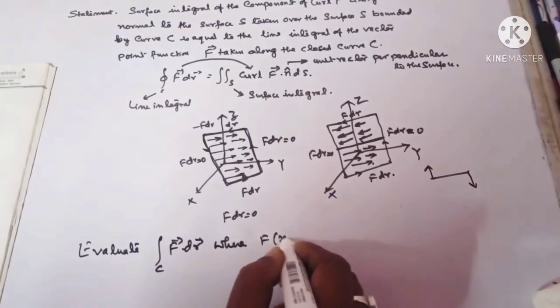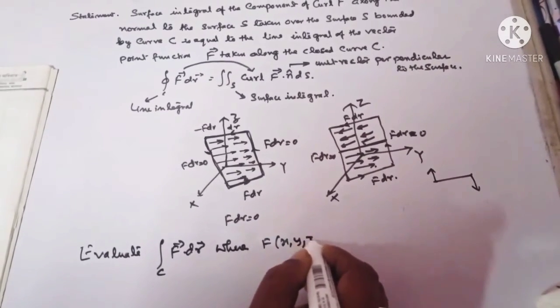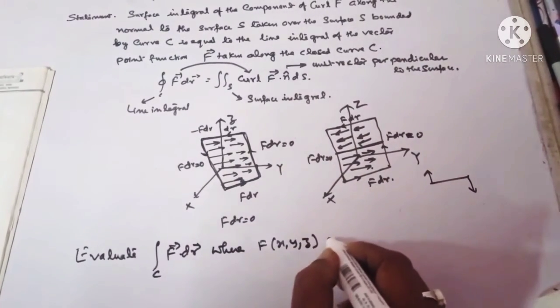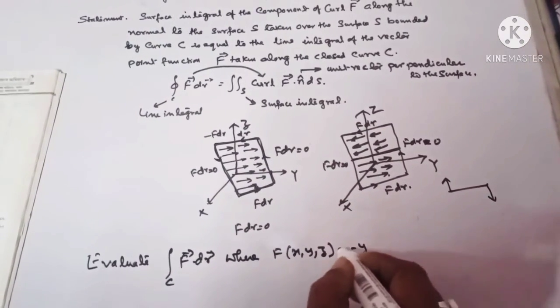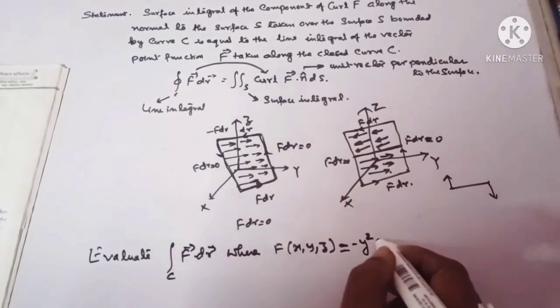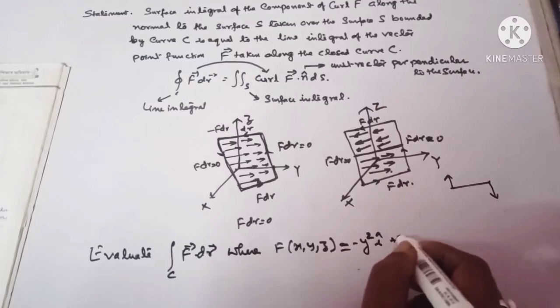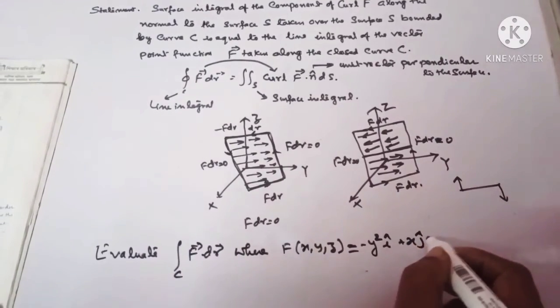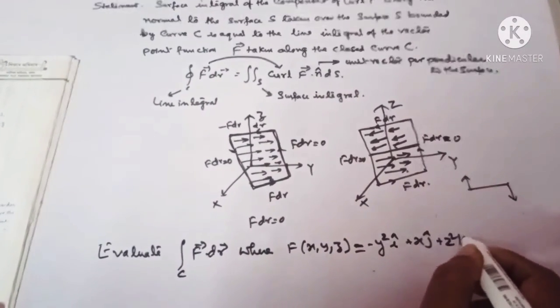F, with x, y, z components, it is a 3D figure, is equal to minus y squared i cap plus x j cap plus z squared k cap.